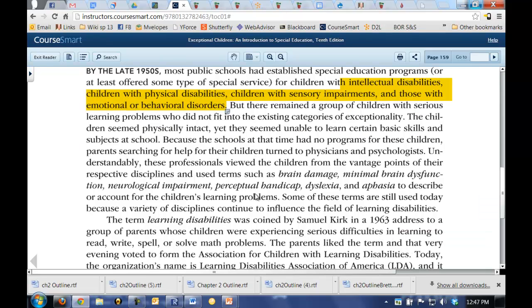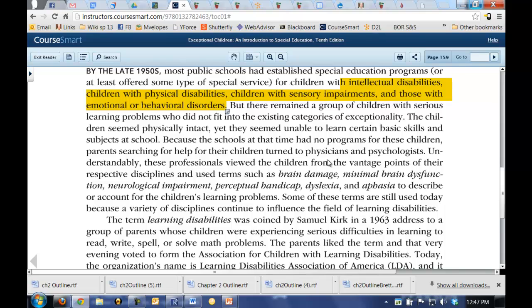But this group of learning disabilities was really one they didn't know what to do with. They're physically intact. In other words, they really had hidden disabilities. You couldn't tell anything was wrong with them by looking at them, and they were just unable to learn those basic skills in school that everybody else was learning.